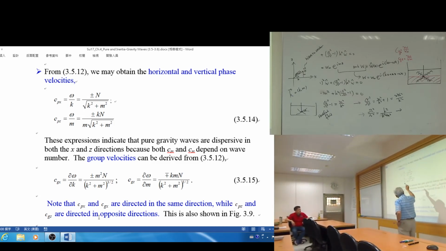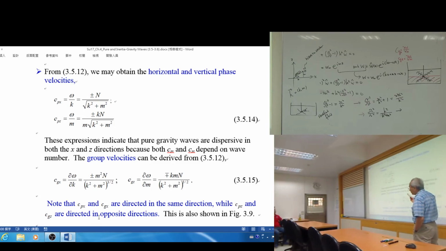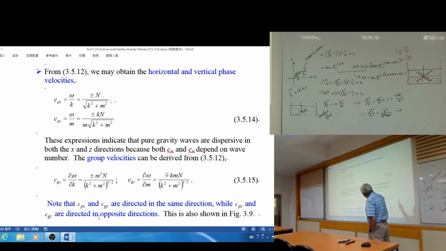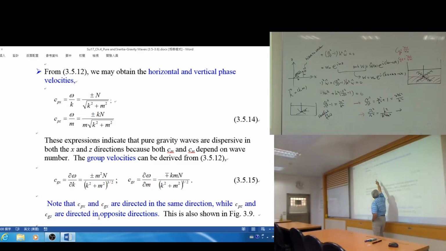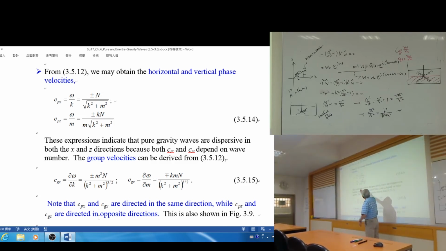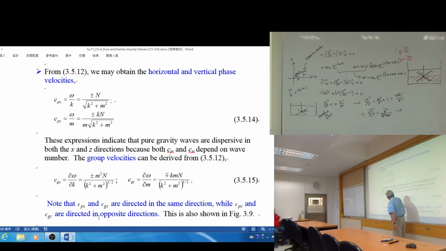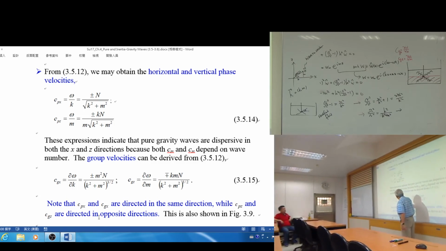So you take a look at in x direction, CPx and CGx. They are not identical, but they are in same direction. See here, when you're positive k, you're positive m squared times k, and downstairs same. Here, not same, but this is positive anyway, so they're same direction.